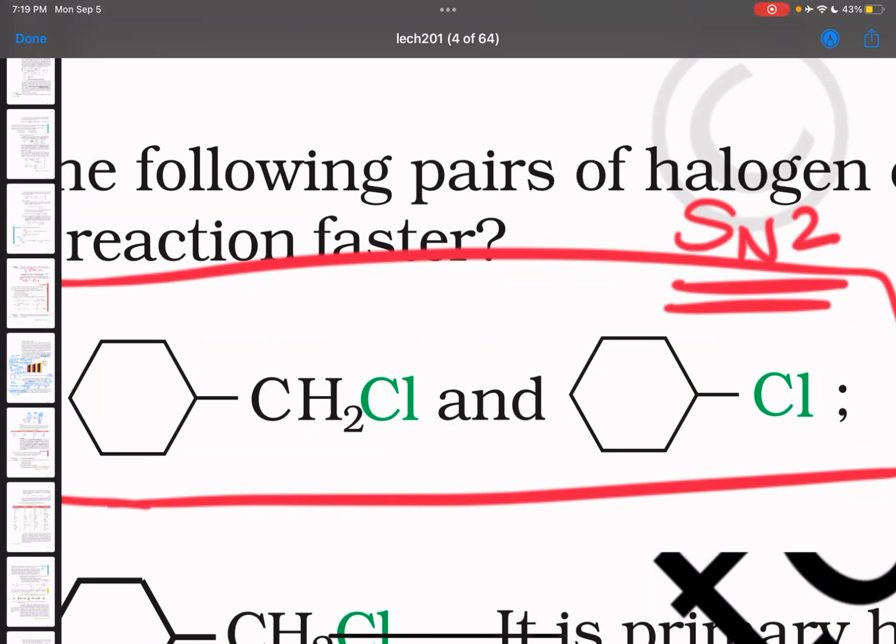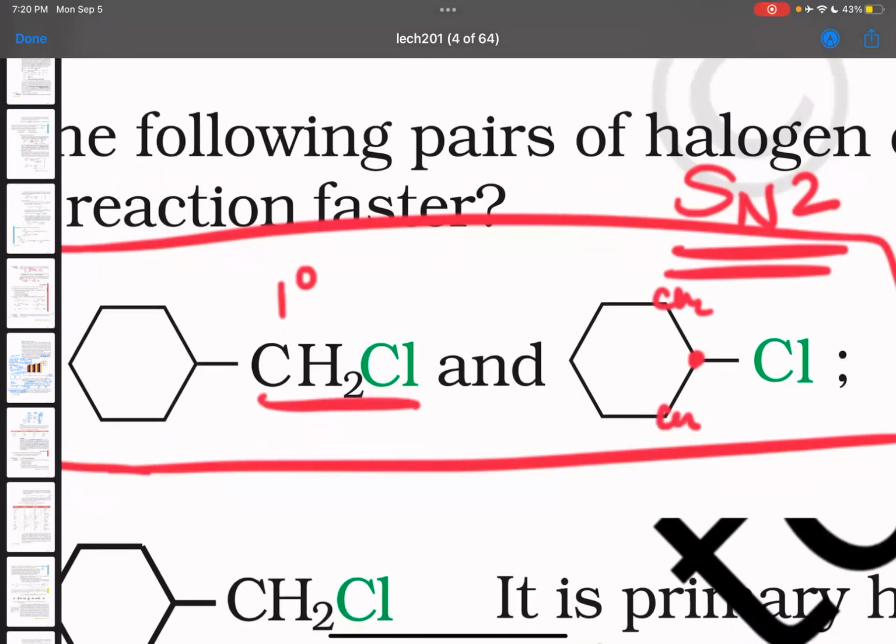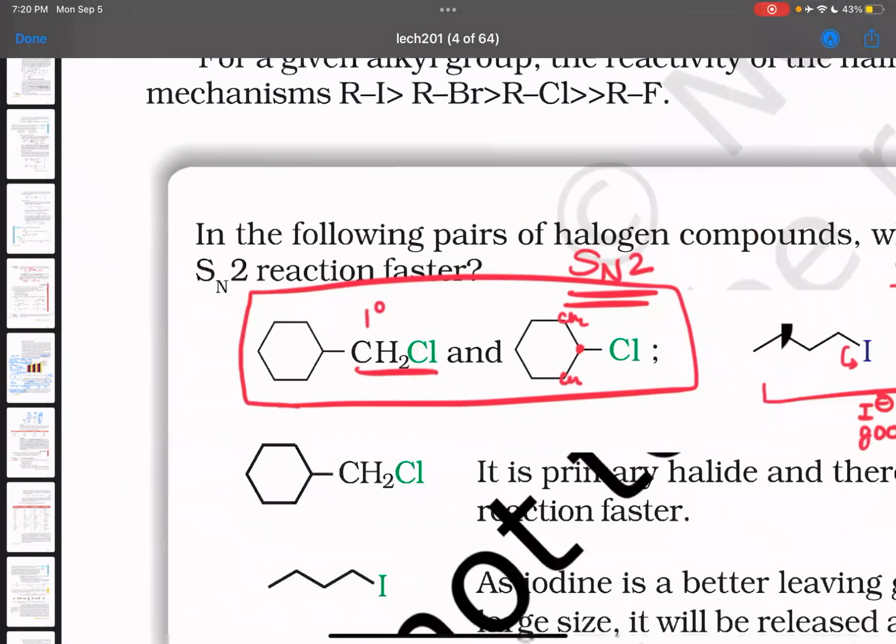Yeah, why is it CH2Cl? Because I think it's a primary halide. Yeah, primary, it is actually coming out of the chain. But here the Cl is directly connected to the cyclic ring, and it has two carbon atoms. So it is more branched, and this is actually a branch coming out, while the ring is left behind. Is it clear? So you need to understand that.